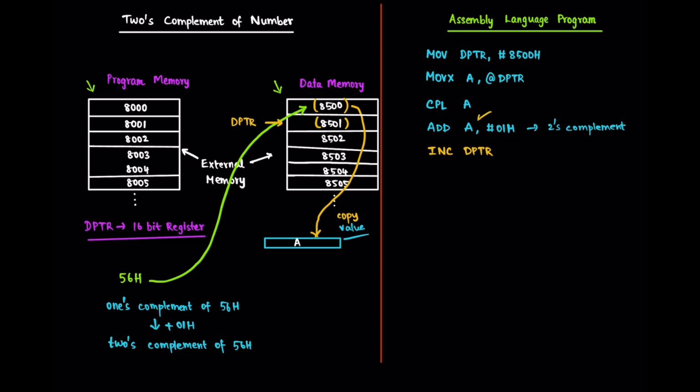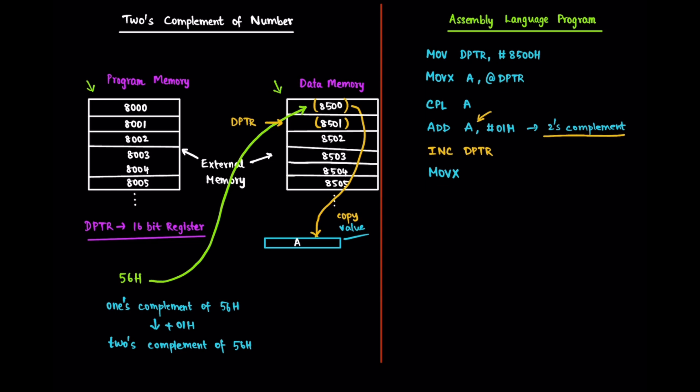Now if you observe the accumulator, you will find that it now contains the 2's complement of the original number. So we have to store this A value into 8501 where DPTR is pointing. So I'm going to write MOVX, because again from within the 8051 we are sending it to external memory, and for that we have to use MOVX.